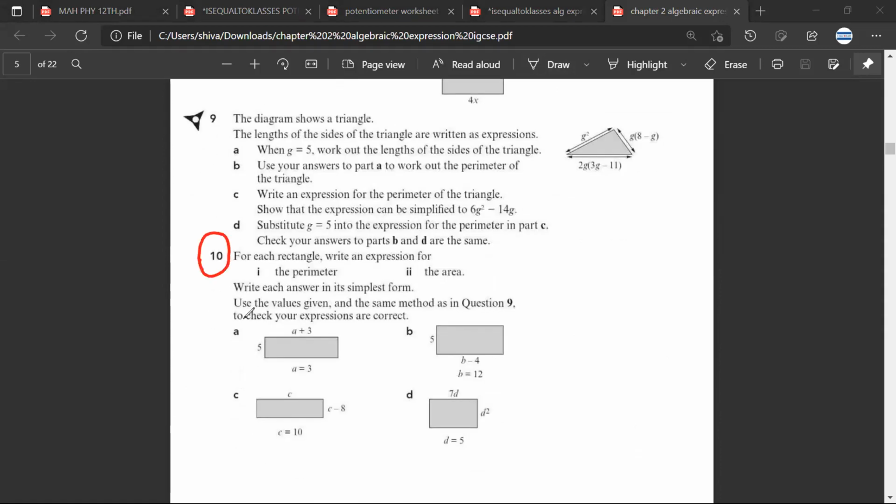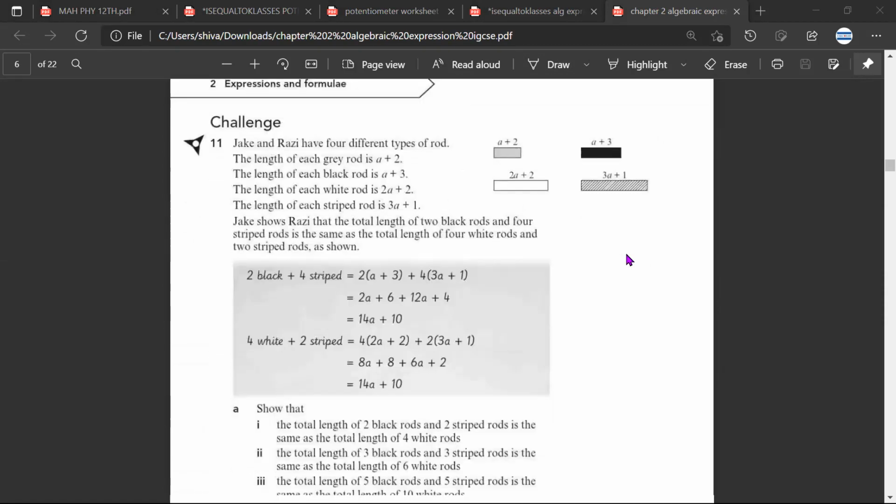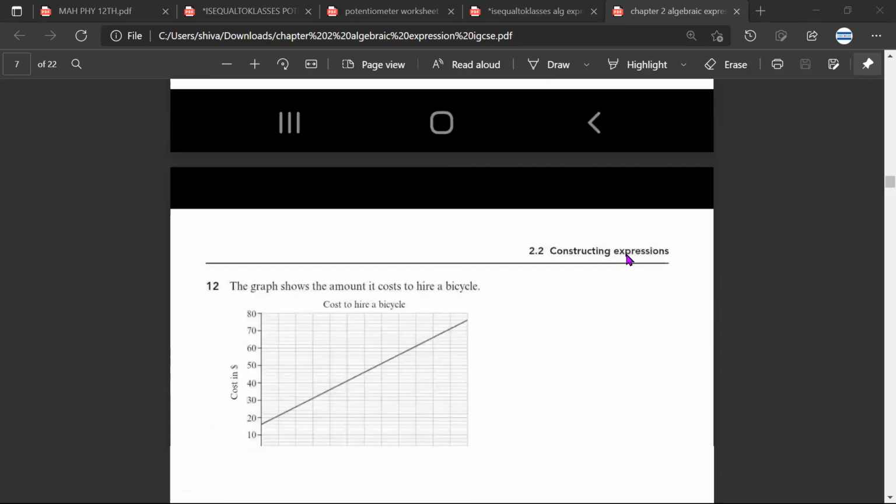So for example, question 10 in your book. For each rectangle, write an expression for perimeter and area. Arman, can you see? Yes, sir. Same kind of questions? Is there any difference? No, sir. Now, Satya, this is where the trouble will come.